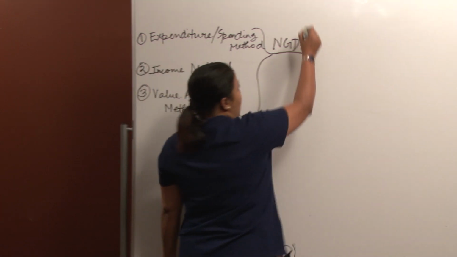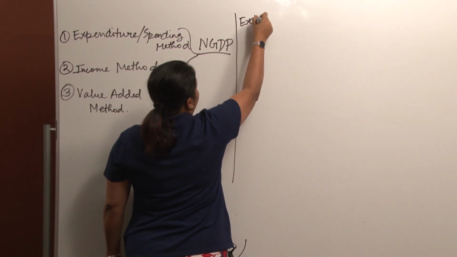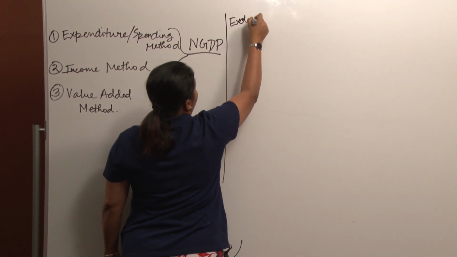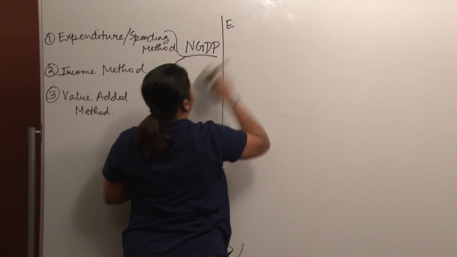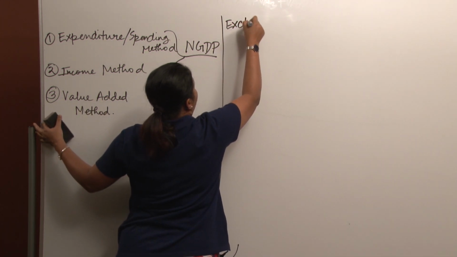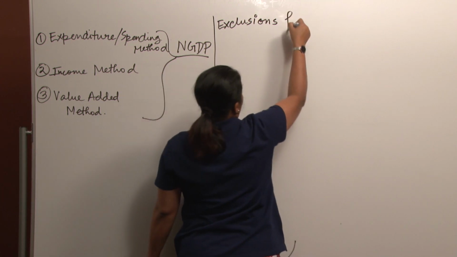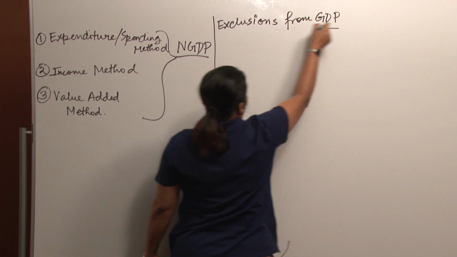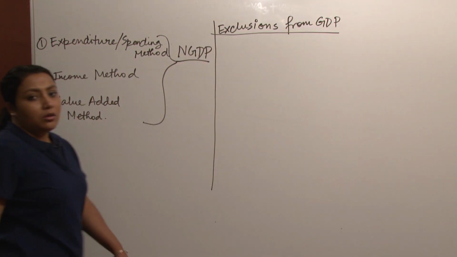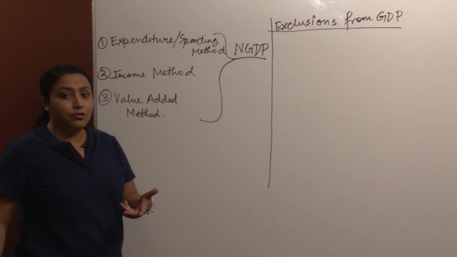Now, let us talk about those exclusions from GDP. Okay. The first two follow directly from the definition of GDP.